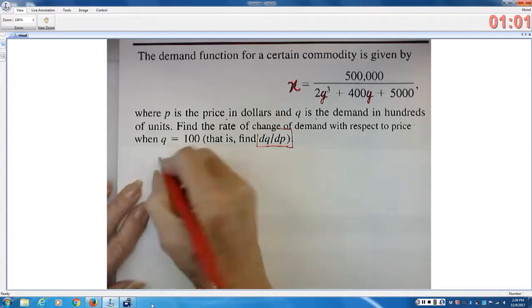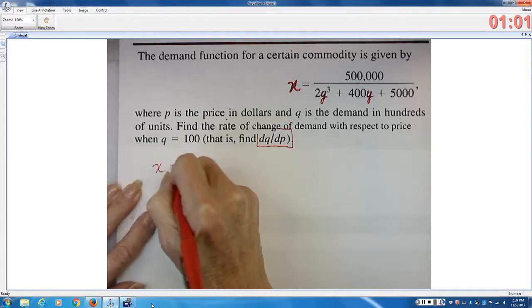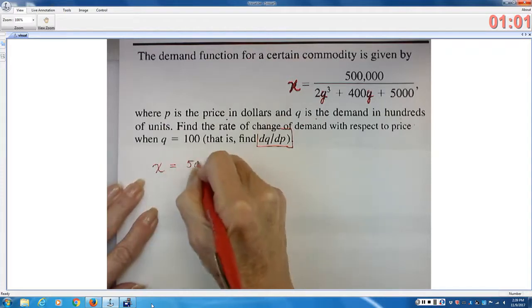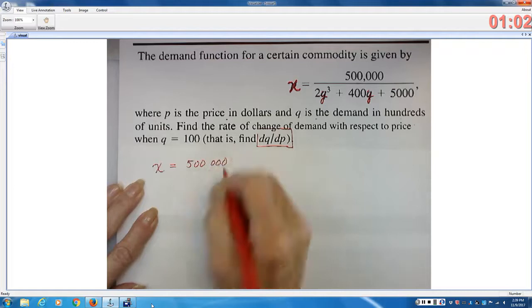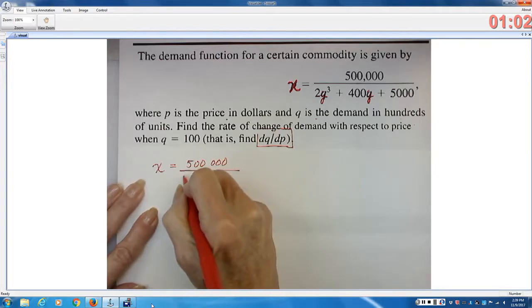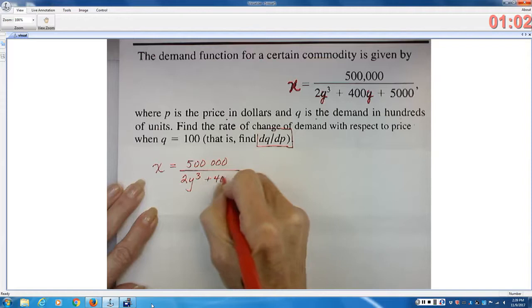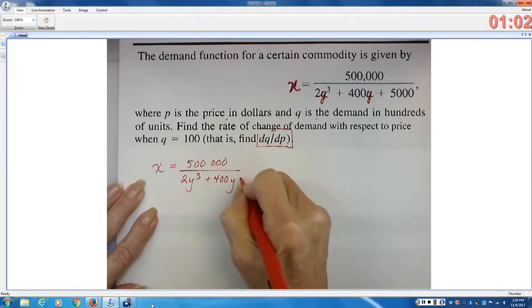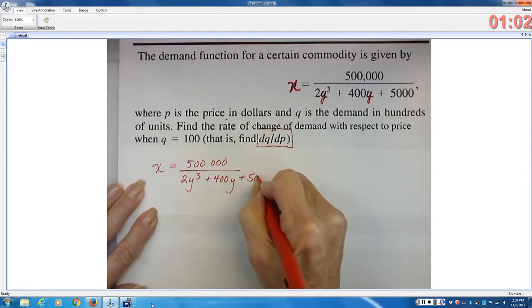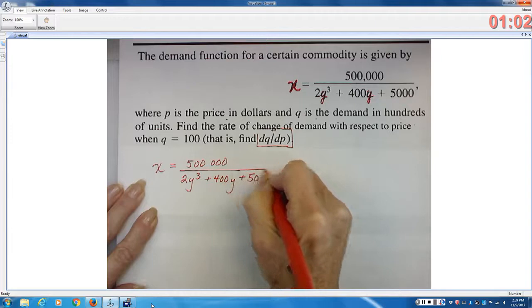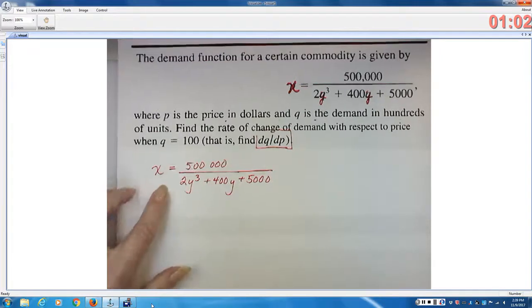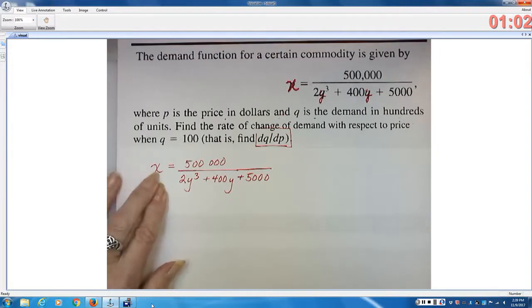So our function is X equals 500,000 over 2y cubed plus 400y plus 5,000. X is the price.